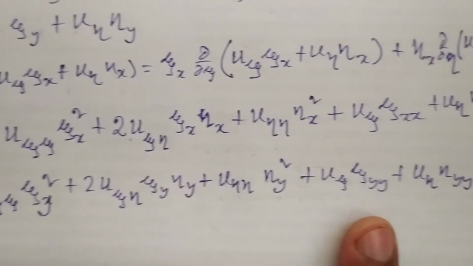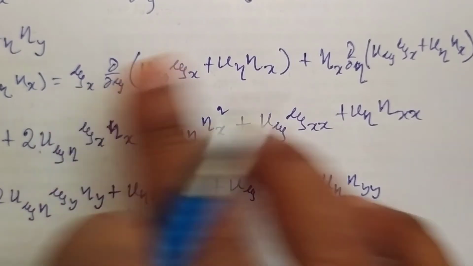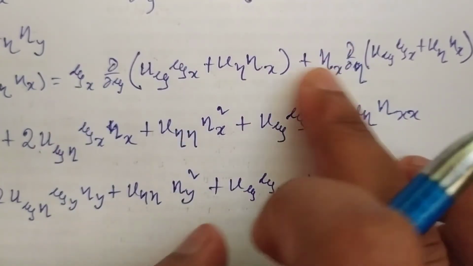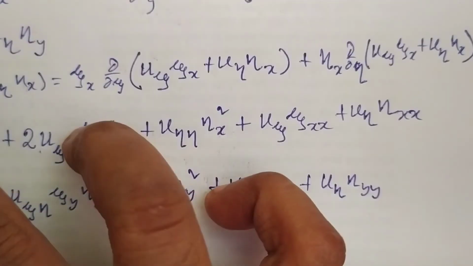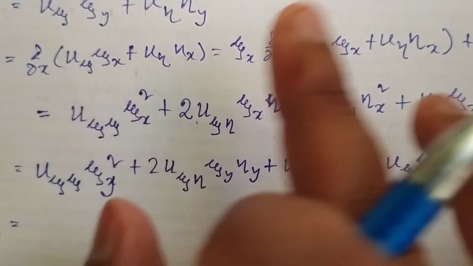Now for u_xy the same thing can be done, just write y there, right? Because actually you are differentiating u_x with respect to y, simply that.